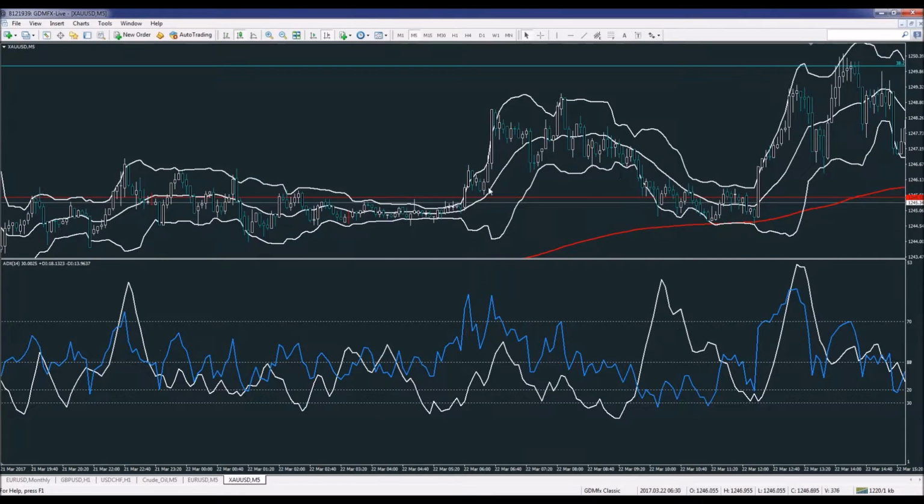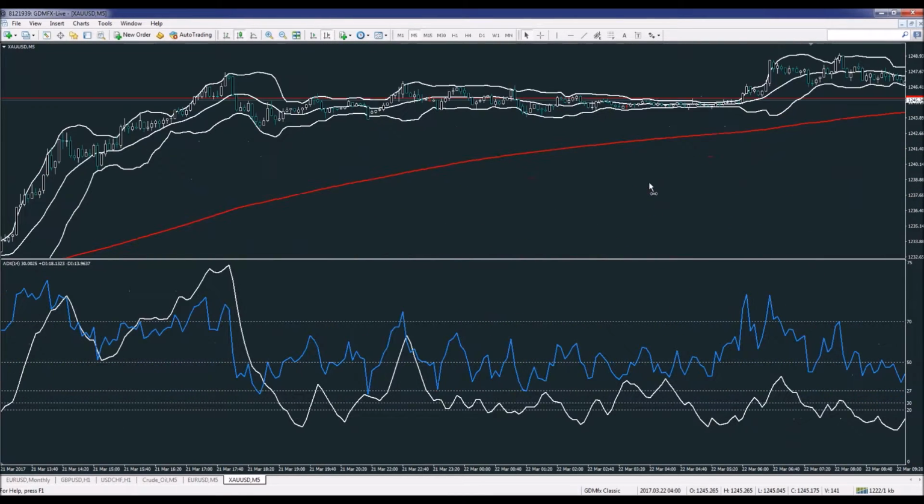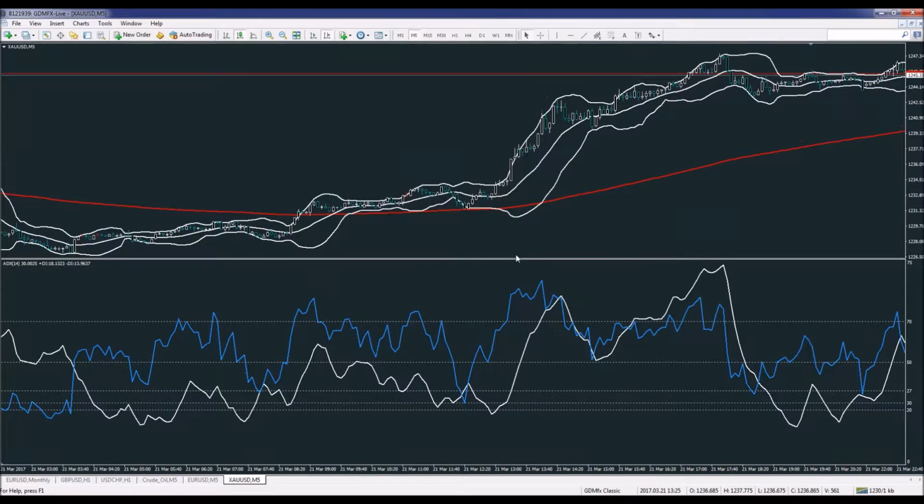Also on the counter trend, so far here we have very few opportunities. This is also an opportunity you can take. However, I wouldn't go for it based on the fact that what we see is a strong upward direction with both indicators moving to the upside, which means that we cannot rely on such a signal.